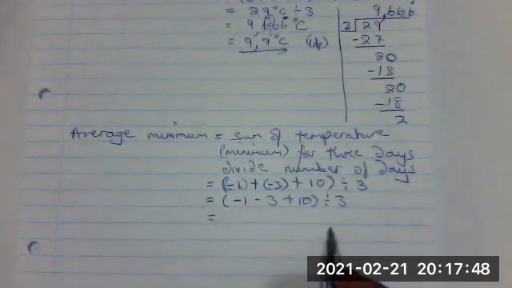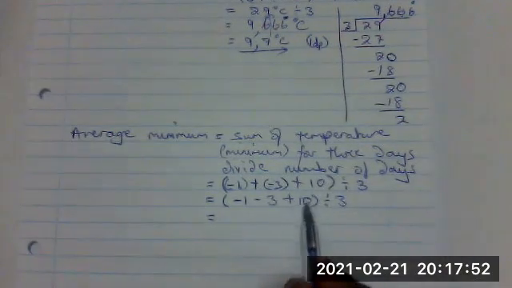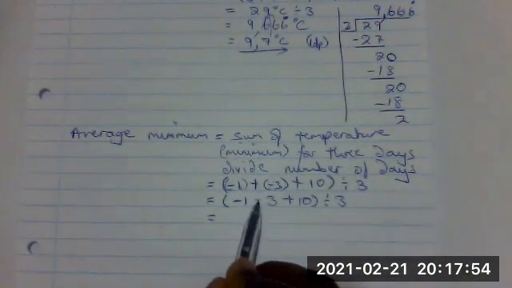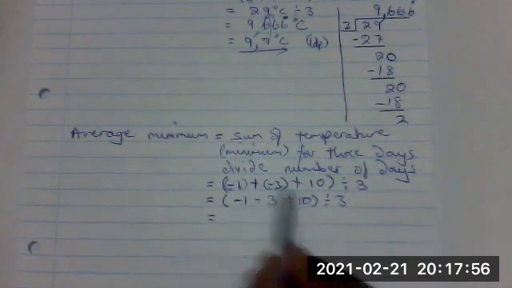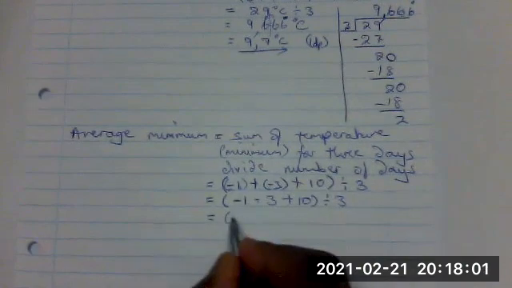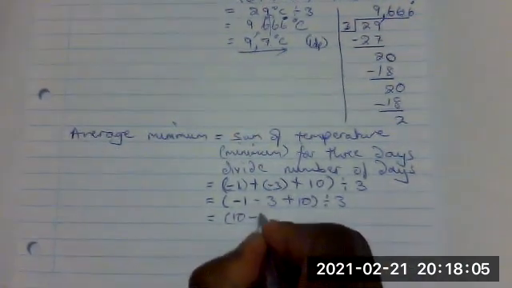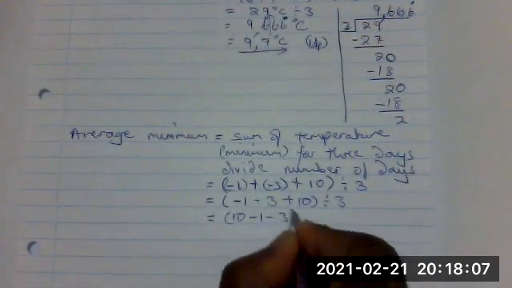Then according to BODMAS, we start by adding, right? So we've got +10, then we subtract 3. I can rearrange it, right? And I start by writing a positive number, which means I can say it's 10. Since it is positive, then I subtract 1 and subtract 3, right?